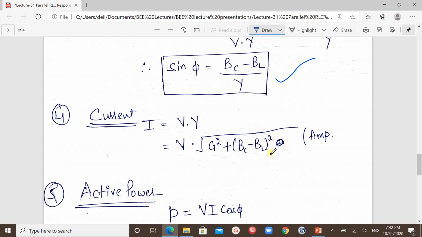Next term is current. I is equal to V into Y. We put the value of Y. So this is the value of current.